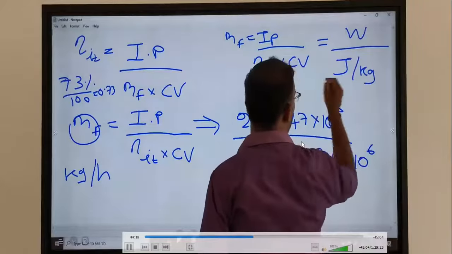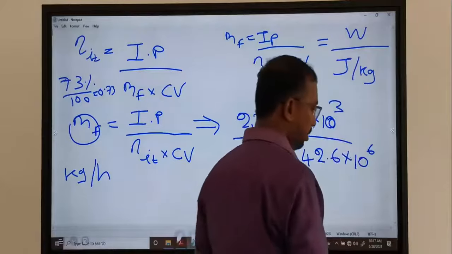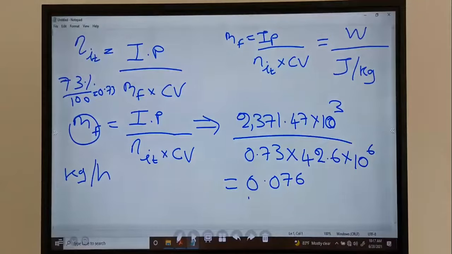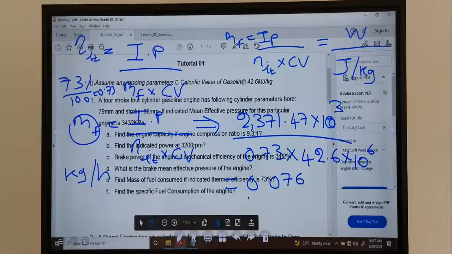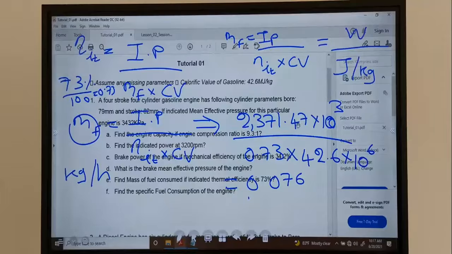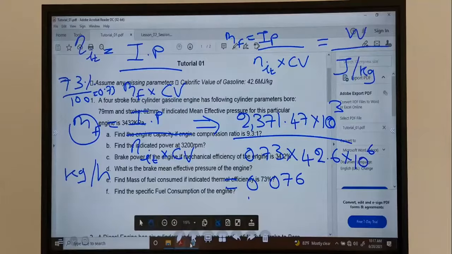The megajoule we put 10^6, so joule per kilogram.